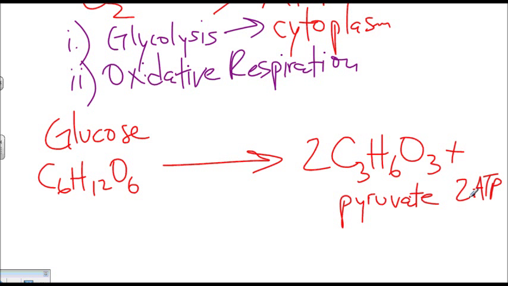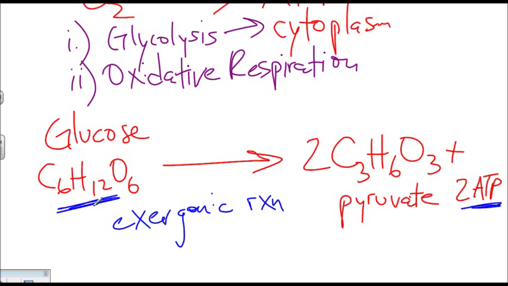At the same time, we are going to produce two molecules of ATP in return. The reactions of glycolysis are exergonic reactions, meaning they release energy. Some of the energy that is released is captured.